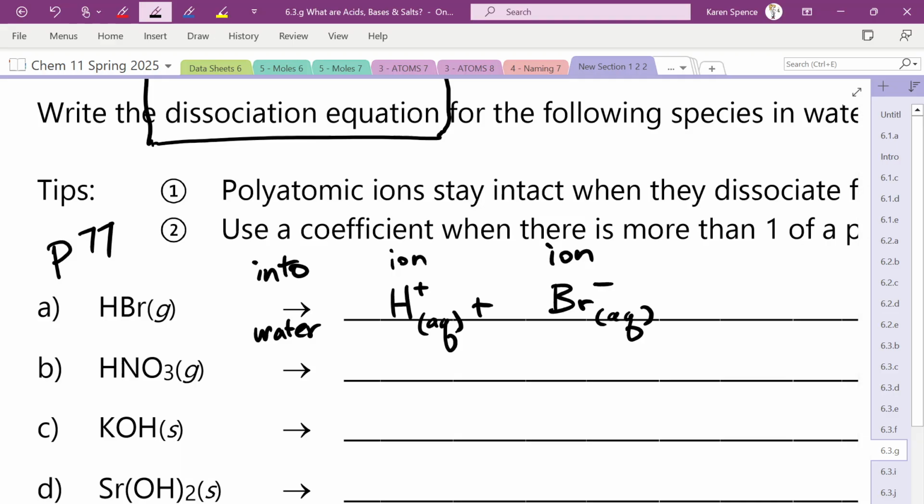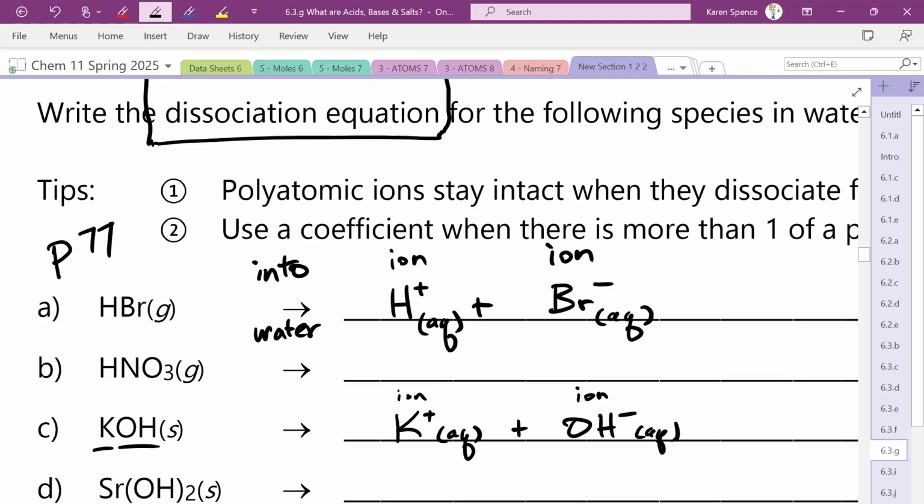Okay, let's try KOH. So you're going to separate the two ions. There's a K ion, and there is an OH ion. What is the charge of the K ion? K is plus, OH is minus, and those are both going to be aqueous.